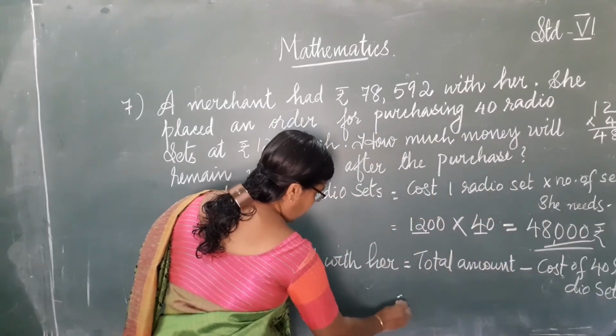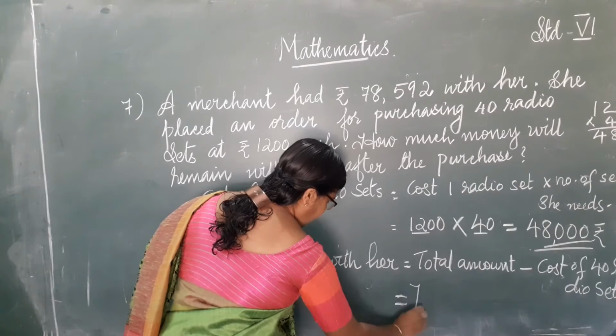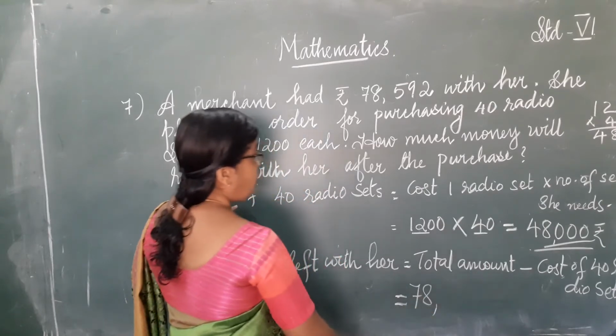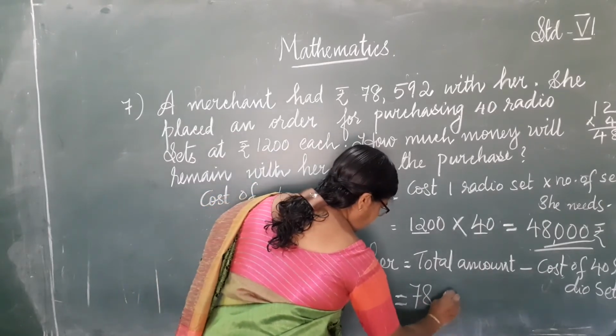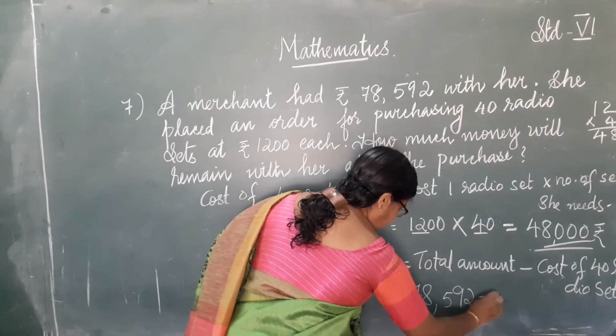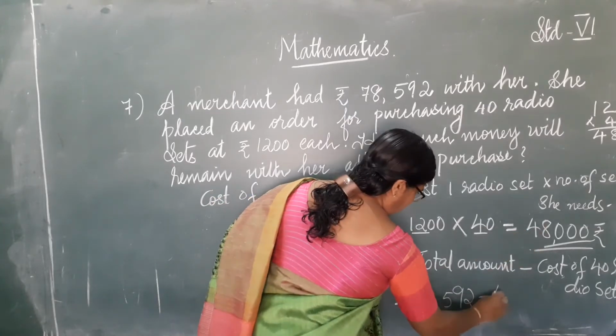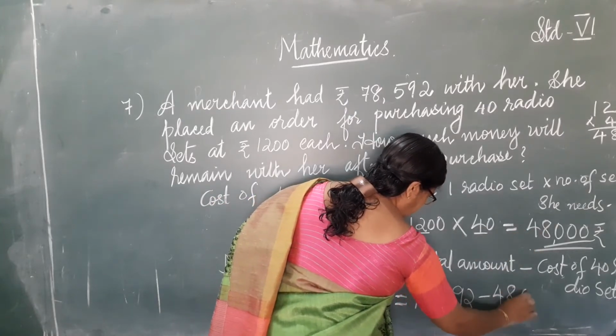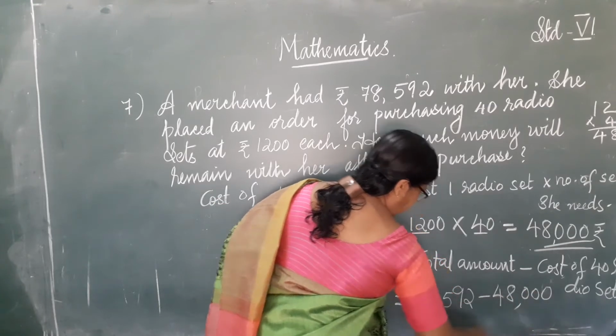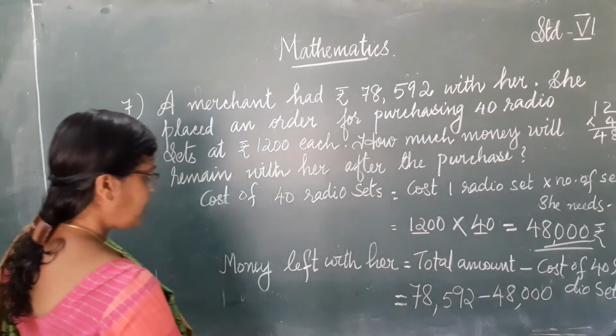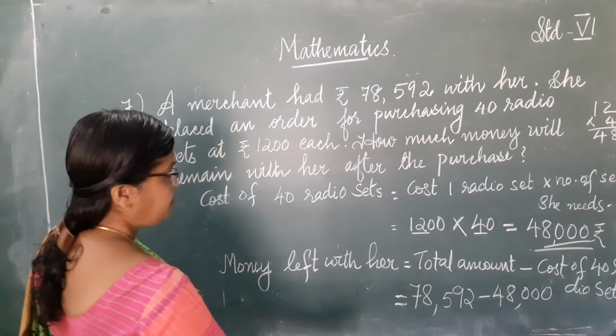What is the total amount she has? 78,592 minus what is the cost of 40 radio sets? 48,000. So we'll minus that from 78,000.